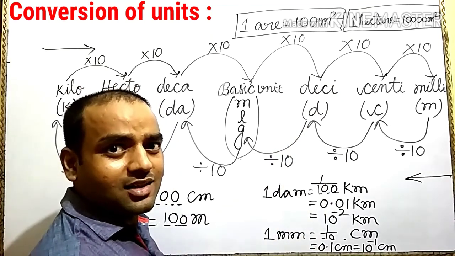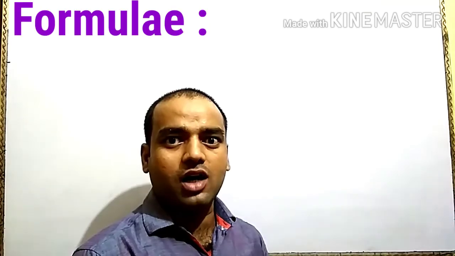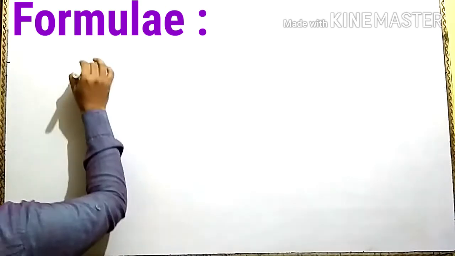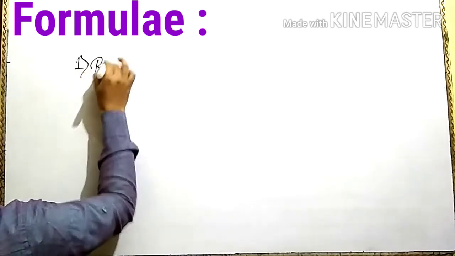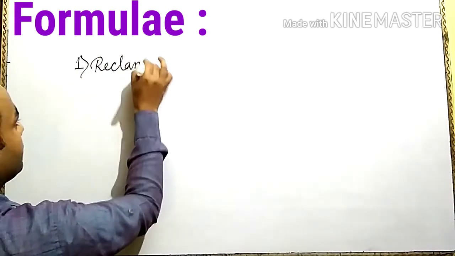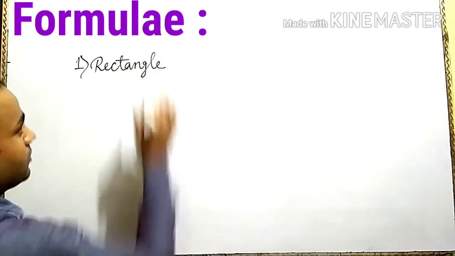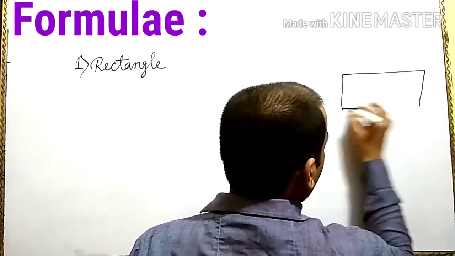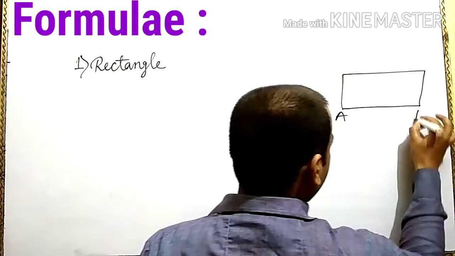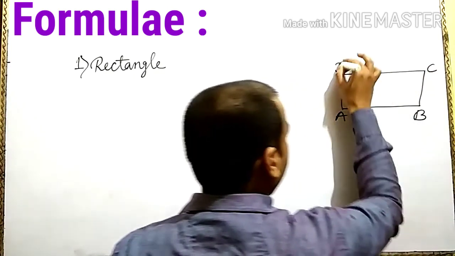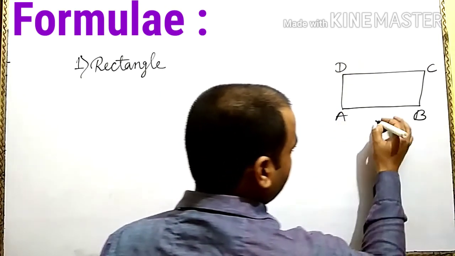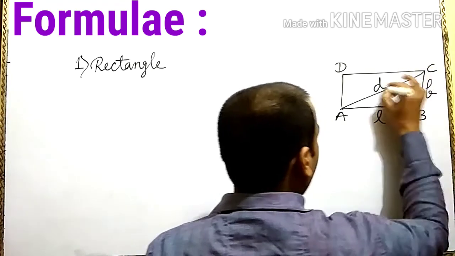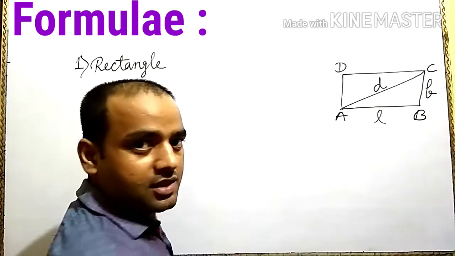Now let us discuss some formulas. In formulas, first we discuss the figure rectangle. Draw a figure of a rectangle. Name it A, B, C, D, with length L and breadth B and diagonal small d. Is it clear?